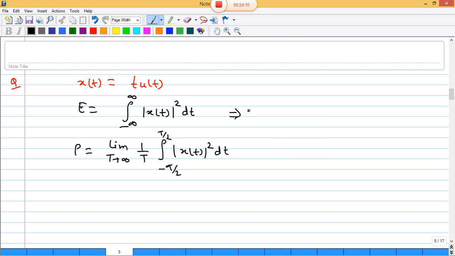So based on this E and P formula, I have to calculate the E, which is equal to here 0 to infinity t square dt. So it's nothing but t cube by 3, 0 to infinity.